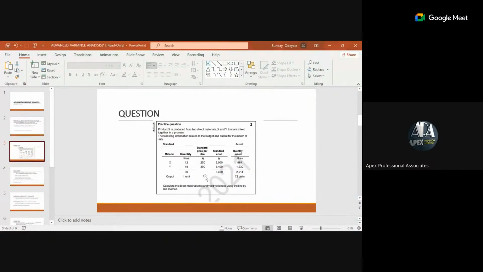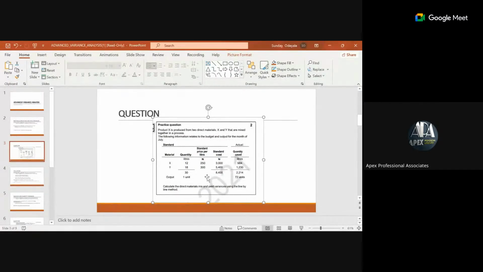This question is very straightforward. We have 8,400. Now in case this column is not provided, which oftentimes ICAN will not provide it for you, this standard cost column, what you are supposed to do is what they've done. You multiply all your costs together as if you are computing a standard cost card. You remember the first class. And whatever you get as your total raw material will be your standard cost per output.